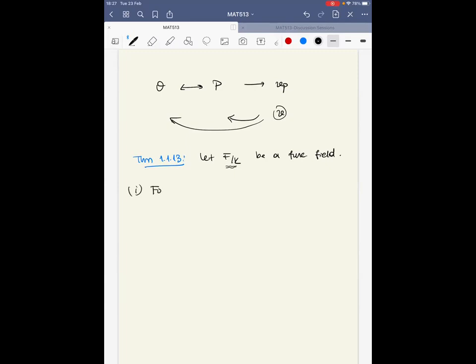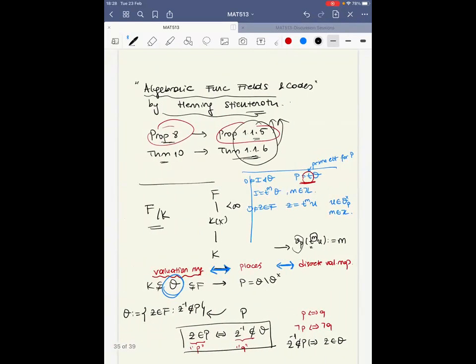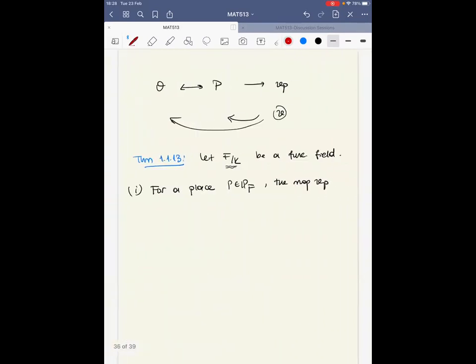And as I mentioned just a minute ago, for a given place, the map v_P defined as here is a discrete valuation map.